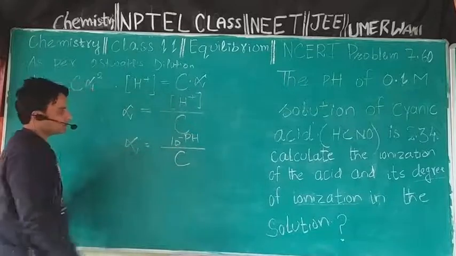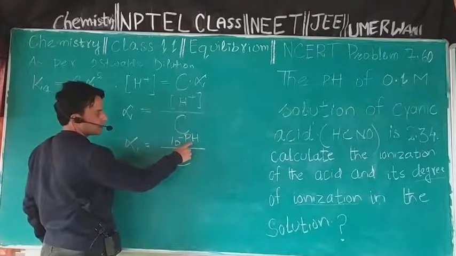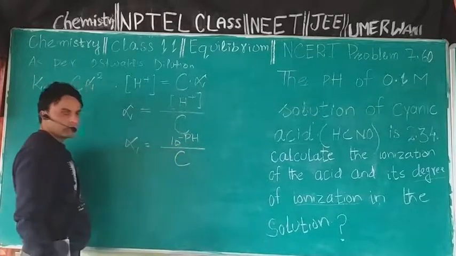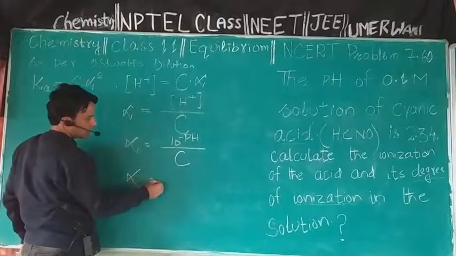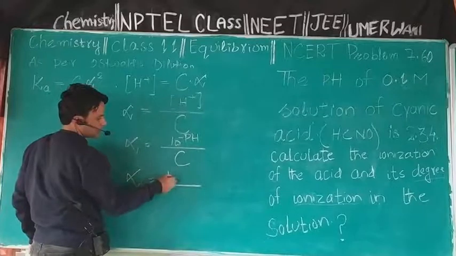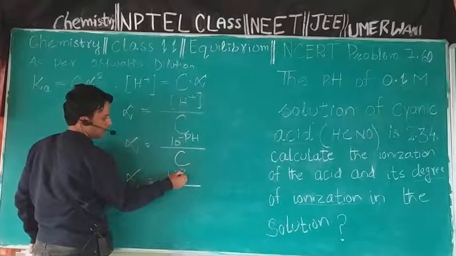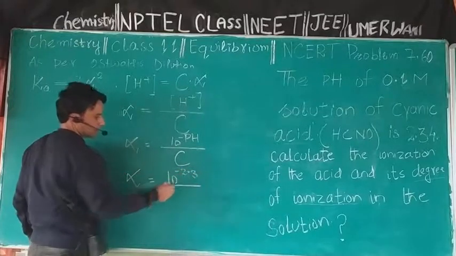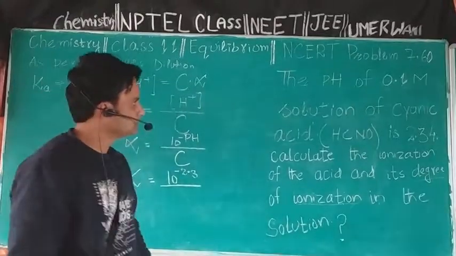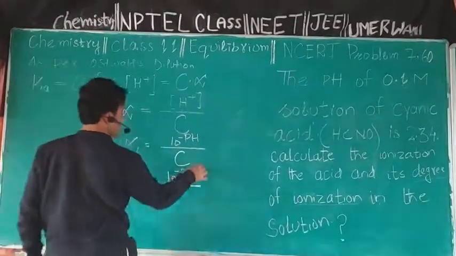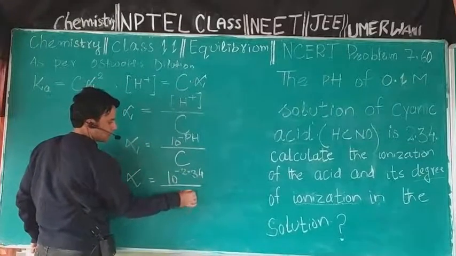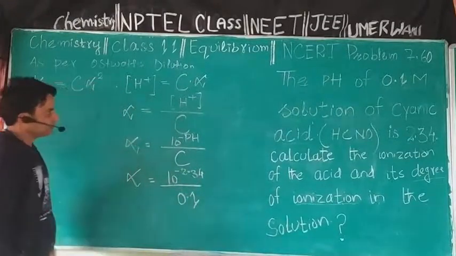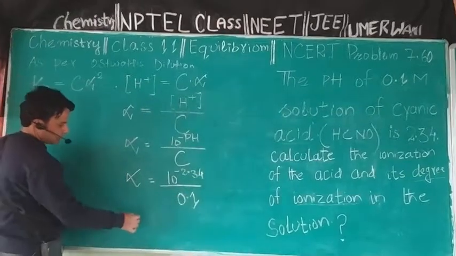Now I will substitute the given parameter pH and the given parameter molar concentration here. Alpha is equal to 10 raised to the power minus 2.34, and molar concentration is 0.1.